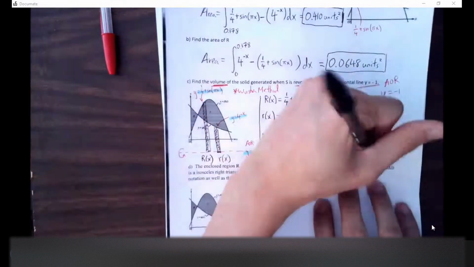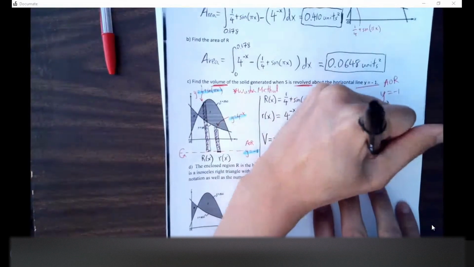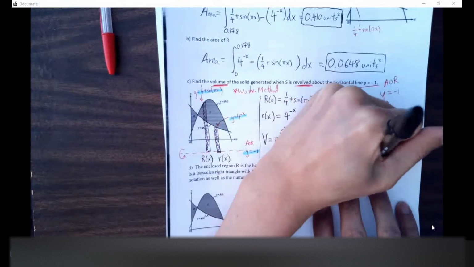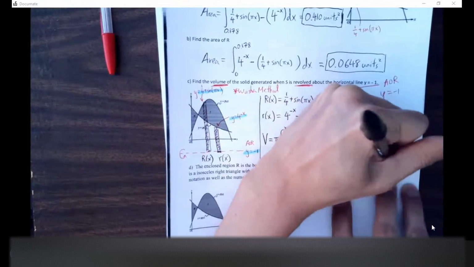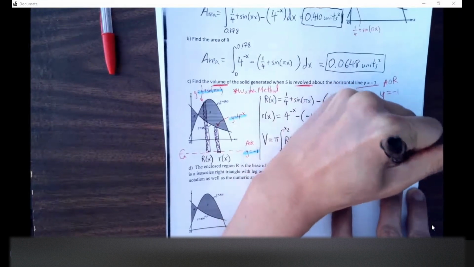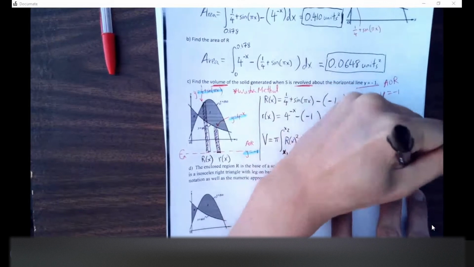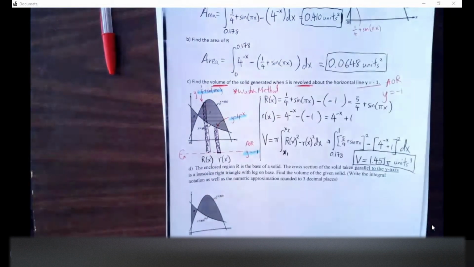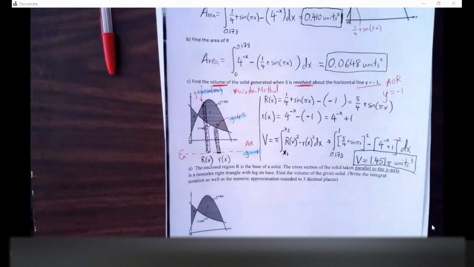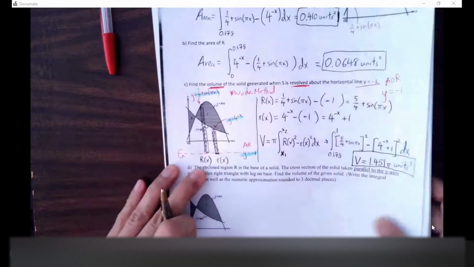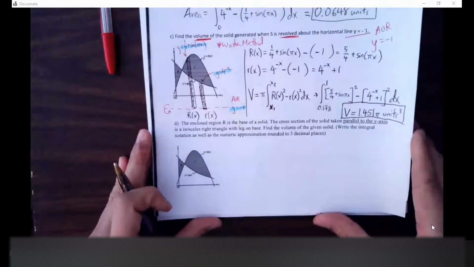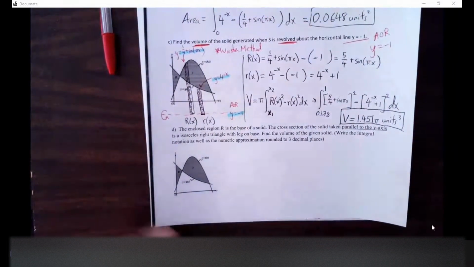Put into your calculator, and our volume is going to be 1.451 pi units cubed. All right, any questions so far?